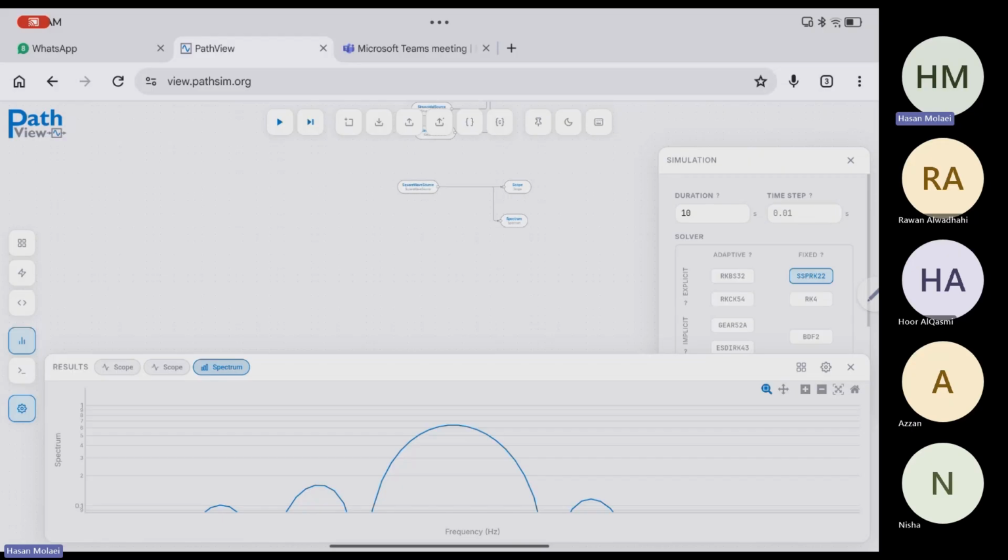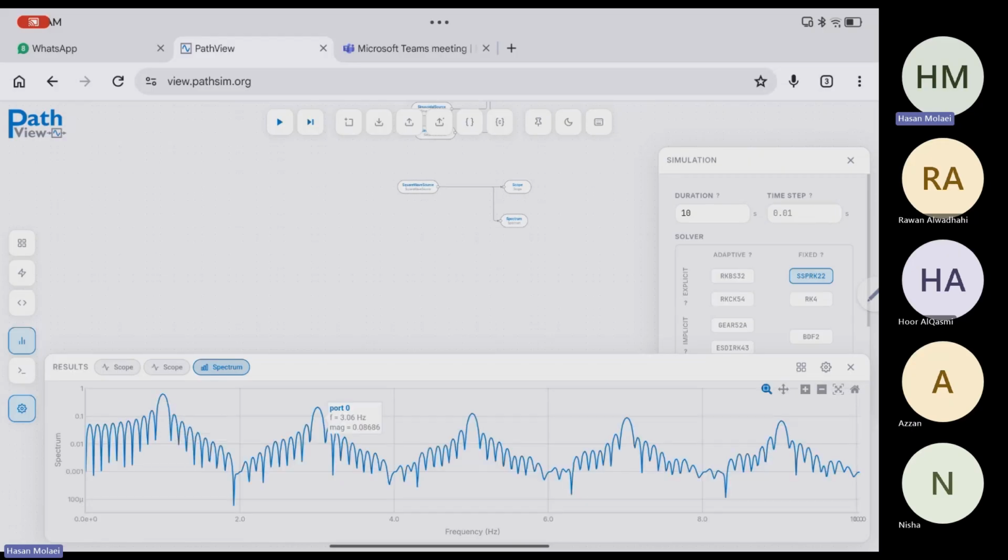Yes. We have some peaks here, here, here, here, and here. What are these? These are sinusoidal signals that are generating this square wave.